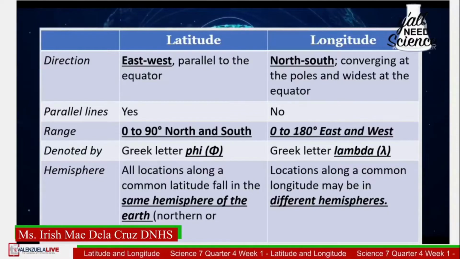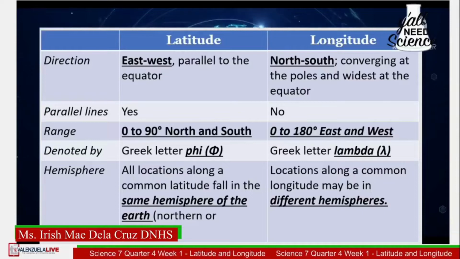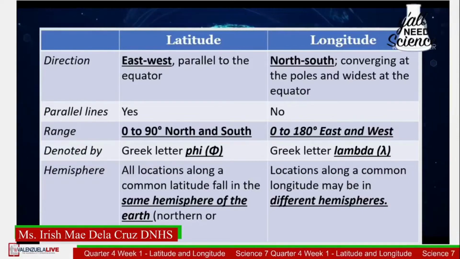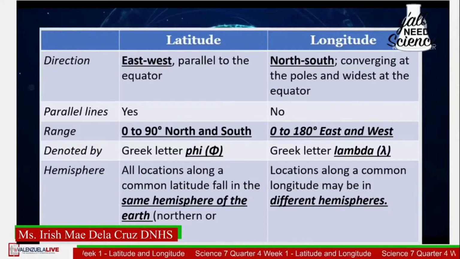In terms of range, for latitude, we have 0 to 90 degrees north and south, while longitude, 0 to 180 degrees east and west. Denoted by, for latitude, Greek letter pi, while longitude, Greek letter lambda.